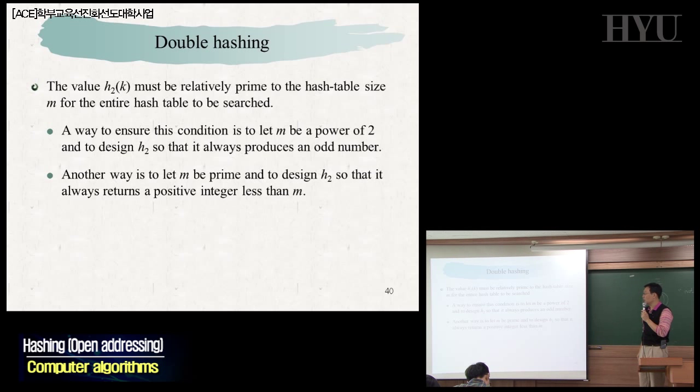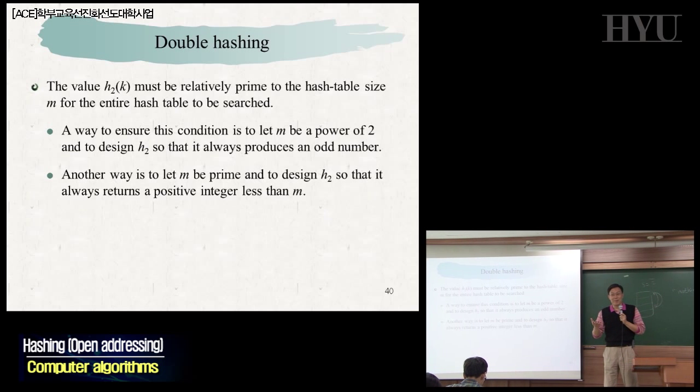Another way is to let m be a prime, and to design h sub 2 so that it always returns a positive integer less than m. Because m is a prime, any integer less than m is relatively prime to m.